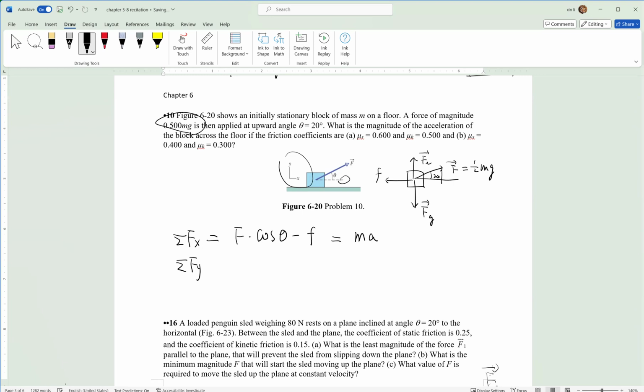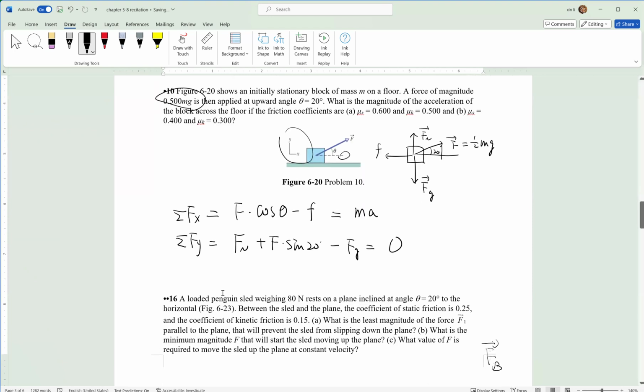Depending on the magnitude of your frictional force, we will see how F cosine theta compares to f, to see if we can get an acceleration. And for the y direction, we have normal force plus F times sine 20, minus Fg equals 0, because in the y direction we do not have acceleration.